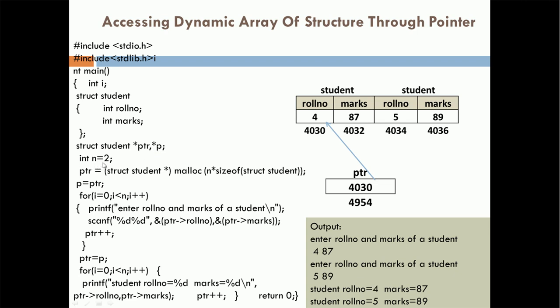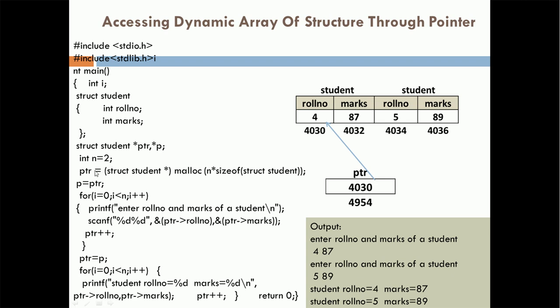There is one more variable n, which is of type integer and has the value 2. n provides the number of elements in the array that we want to create. We have assigned the constant 2, that means we will create an array of structure with 2 elements, so 2 structure type values can be stored inside the array.